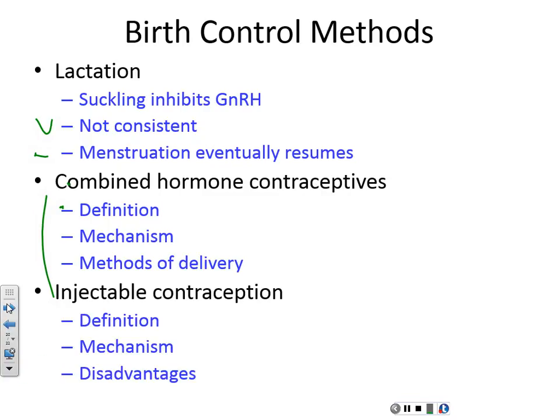And then injectable contraceptives, not to be confused with injections of combined hormone contraceptives. Injectable contraceptives, by definition, are an intramuscular injection of Depo-Provera. How does it work? It's effective for 3 months. It prevents the release of the secondary oocyte, and it makes the uterus hostile to the embryo.